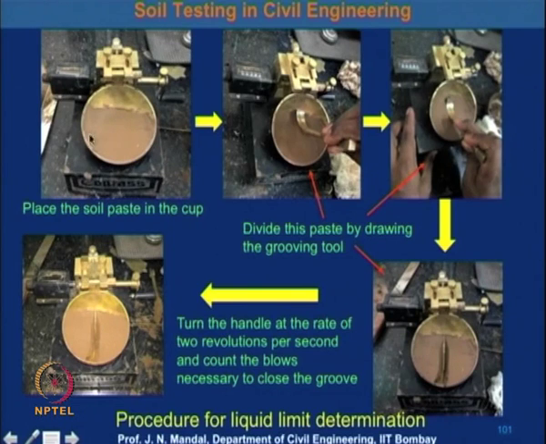Like that, you can again change the moisture content, place the soil sample into the cup, divide the paste by drawing the grooving tool, turn the handle at a rate of 2 revolutions per second and count the blows repeatedly to close the groove. That way you take different moisture contents and determine the moisture content of the soil.